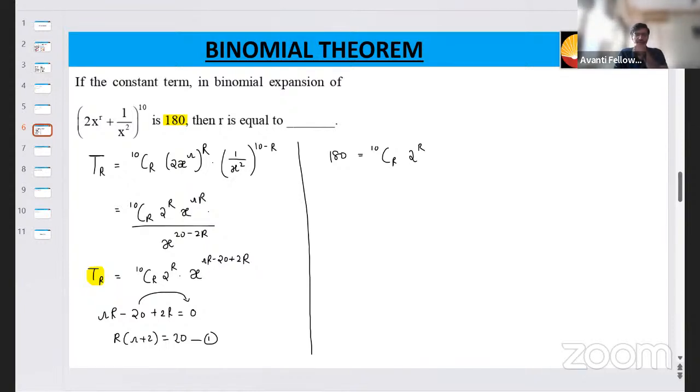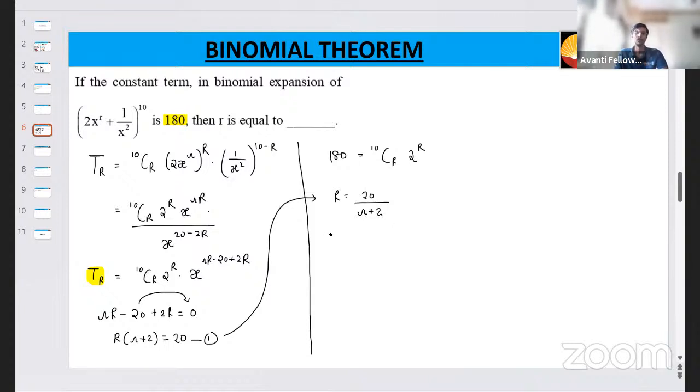Okay, so here from 1, I can write capital R is equal to 20 upon r plus 2.